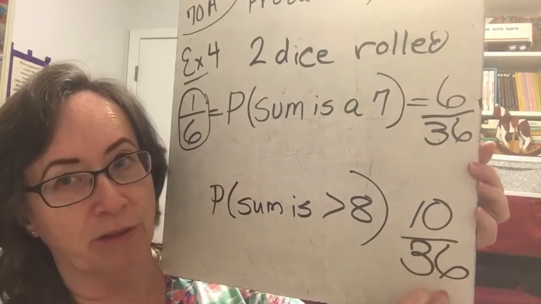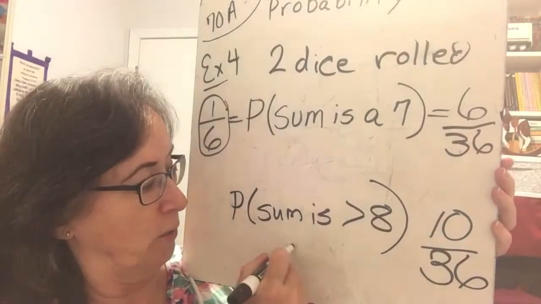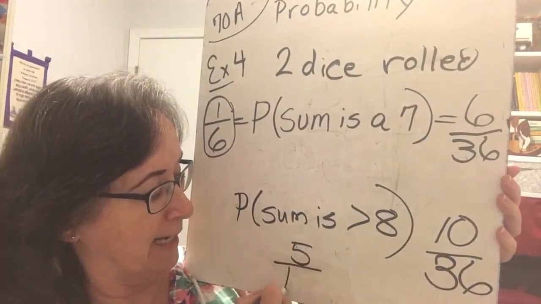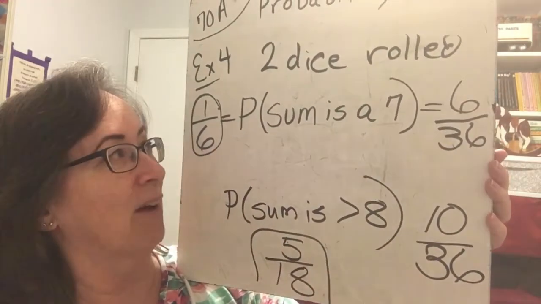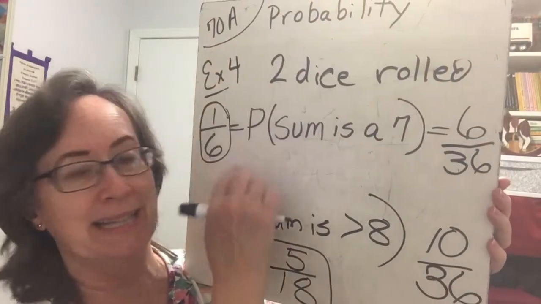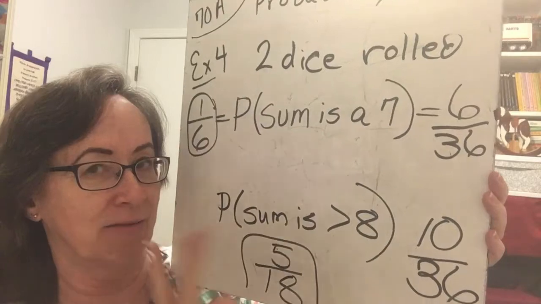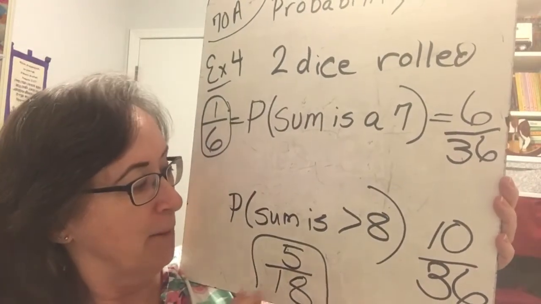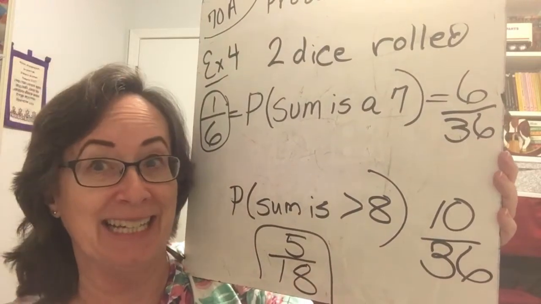So 10 over 36, divide both of those by 2, and we get 5 over 18, and that's as far as we can divide it. So part A of example 4 was 1/6, because that was the probability we roll exactly a 7 with the sum of the two dice. And the sum greater than 8 would be 5 out of 18.